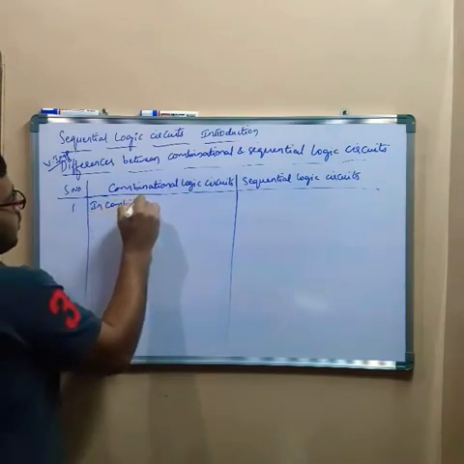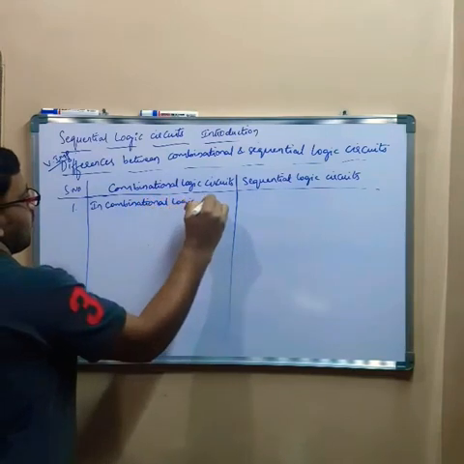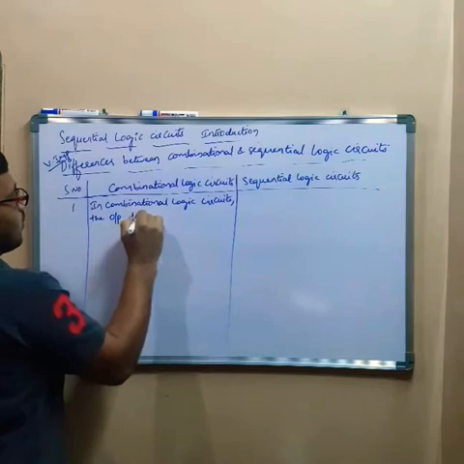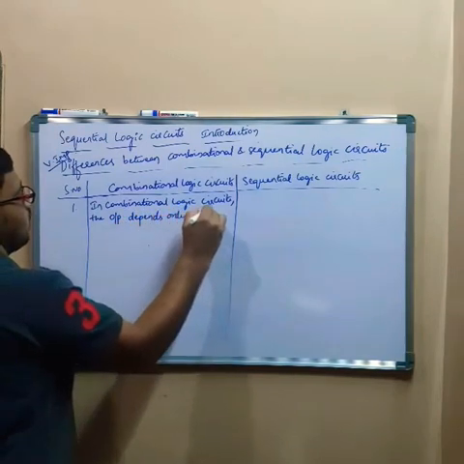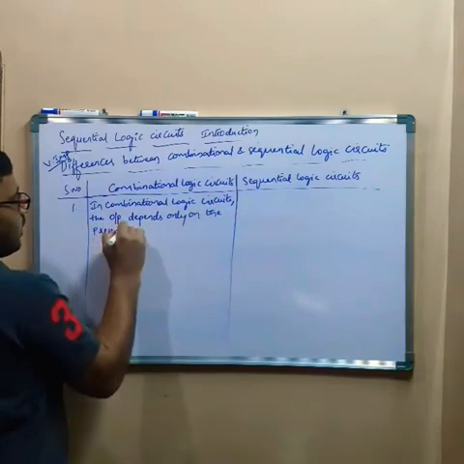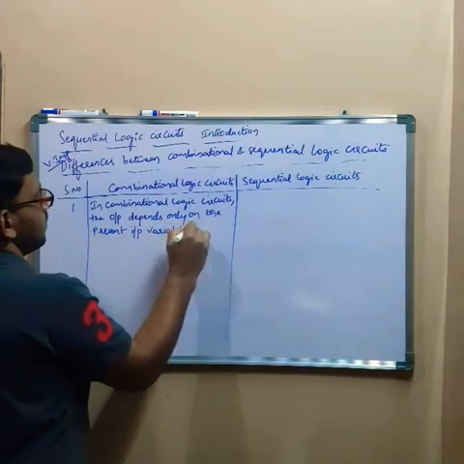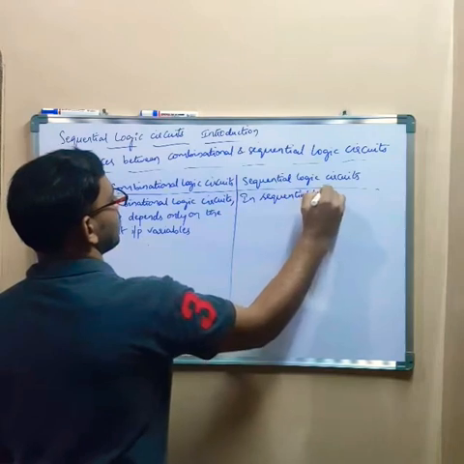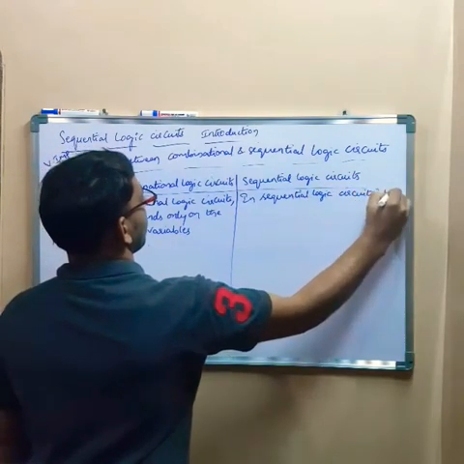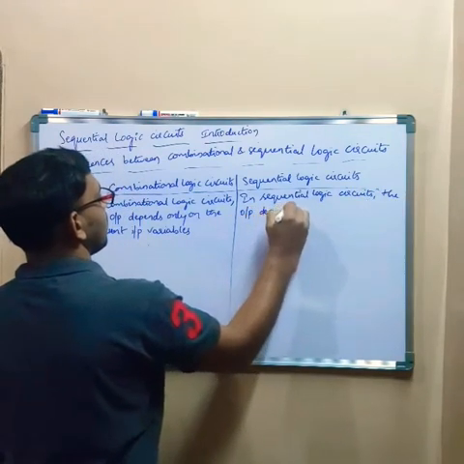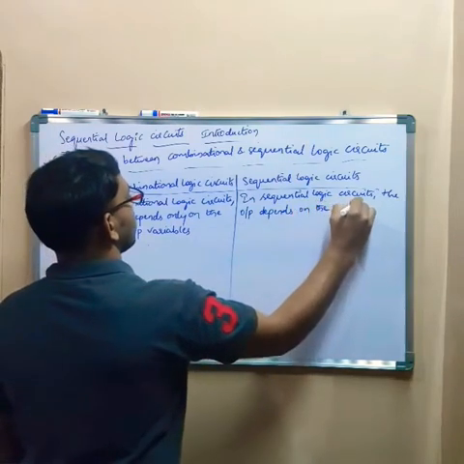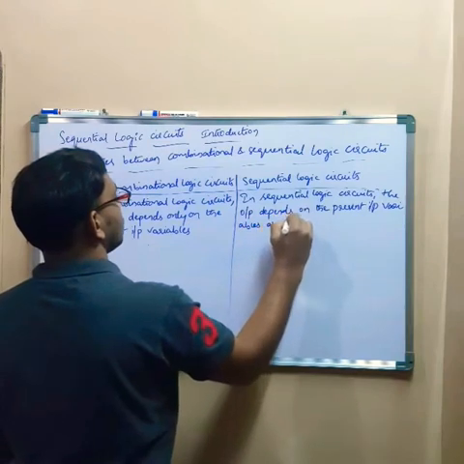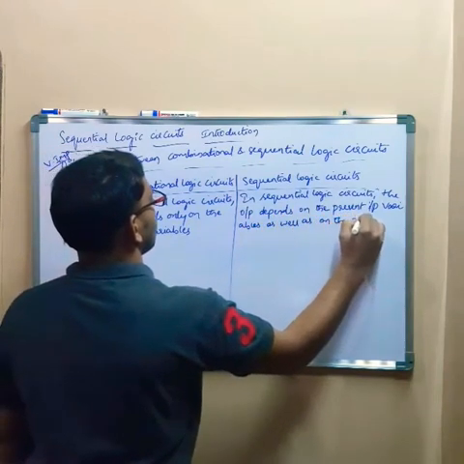In a combination logic circuit, the output depends only on the present input variables, whereas in sequential logic circuits, the output depends on the present input variables as well as on the past outputs.